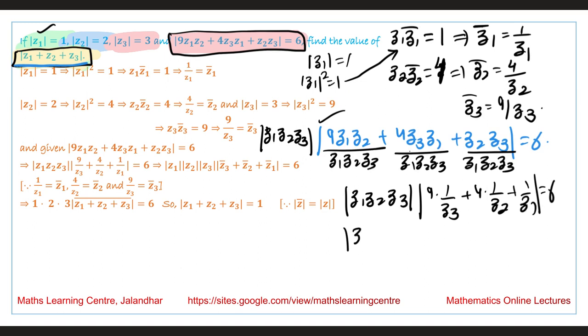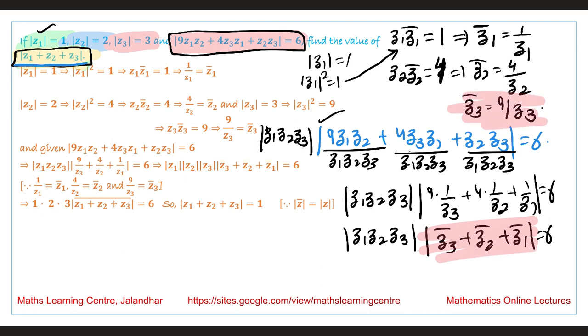So we get mod of z1 z2 z3 into mod of z3 bar plus z2 bar plus z1 bar, equal to 6. We have substituted these values, 9 by z3, 4 by z2 and 1 by z1, and we obtain the answer in this form.